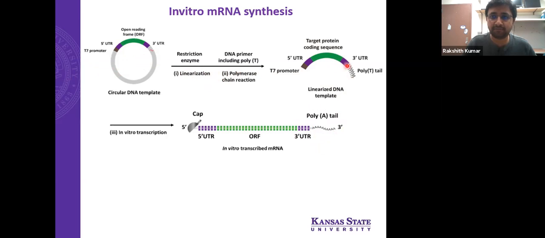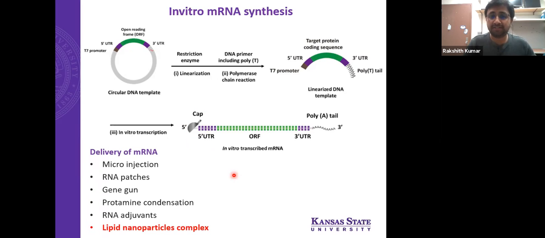After using this template for the in vitro transcription reaction, we get an mRNA with a poly A tail, and we can co-transcriptionally or enzymatically add a cap to increase its stability as well as translatability. There are also different kinds of caps nowadays, like modified synthetic caps. So this is the procedure.